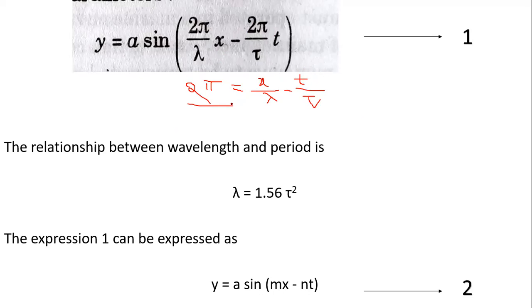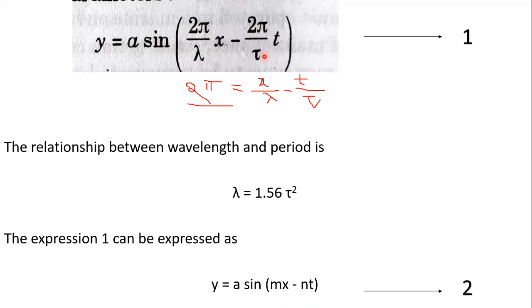The relationship between the wavelength and the period is approximately λ = 1.56 τ². The first expression can be expressed as y = a sin(mx − nt), where m represents 2π/λ and n represents 2π/τ. So 2π/τ is called the phase rate.